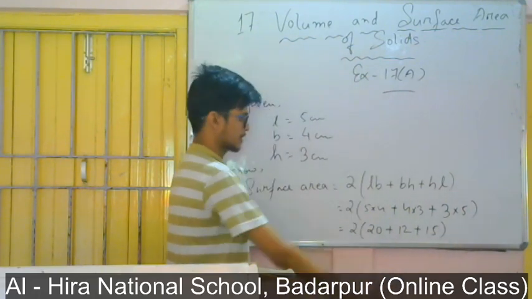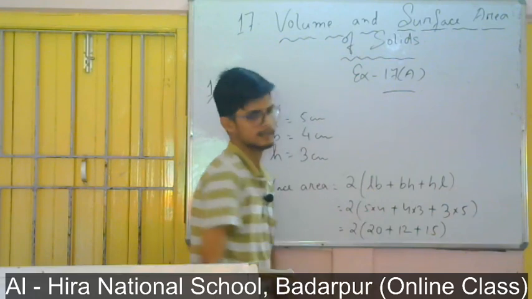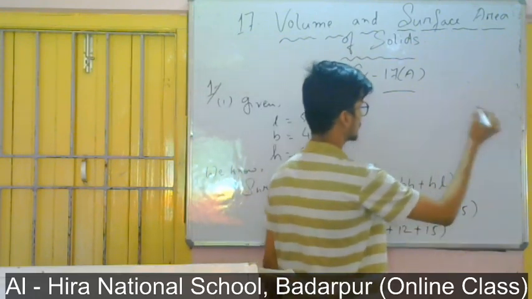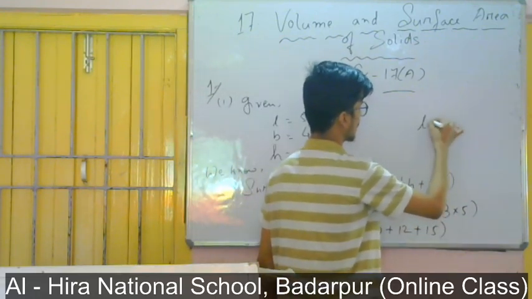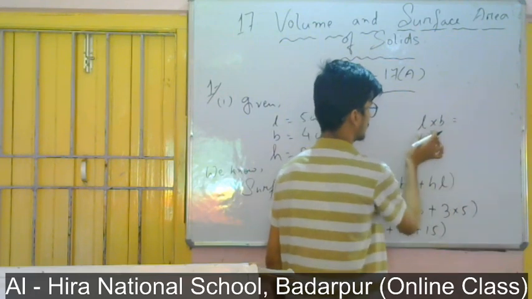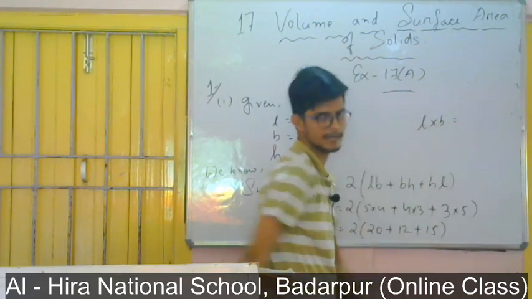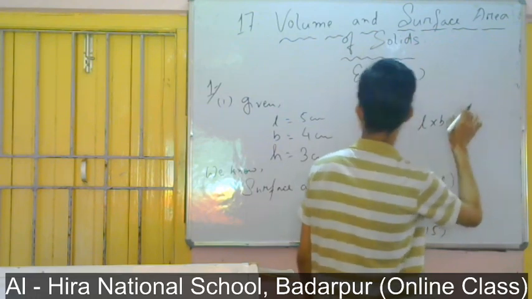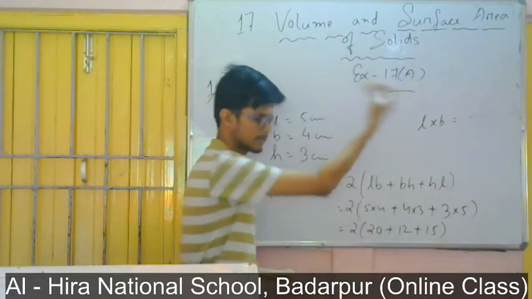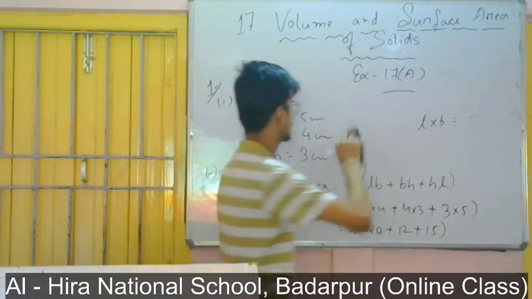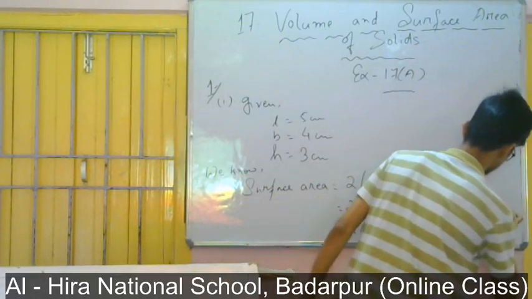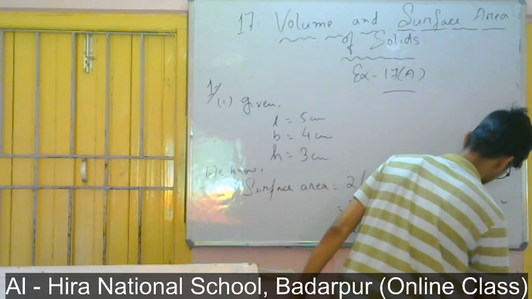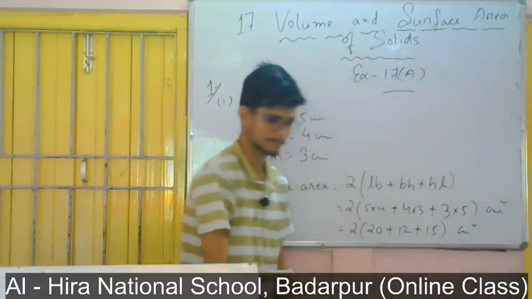And the unit will be, you see, length into breadth, same as how we normally find this area. For length, centimeter is there, for breadth also the same unit is there, so that means the unit will be the square of the given unit. Here centimeter is given, so it will be centimeter square.